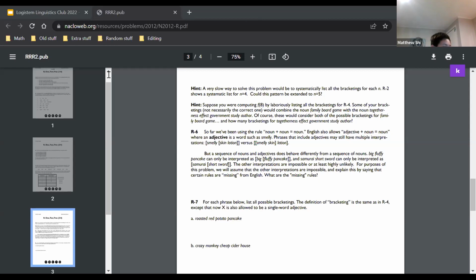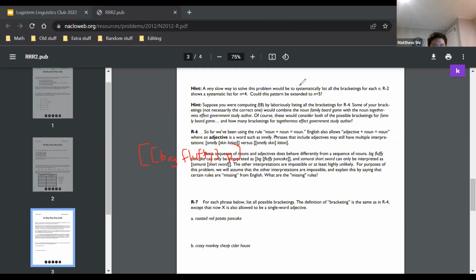Okay, so for R6, to get big fluffy pancake in this configuration, I'm just going to put P as pancake to save time. To get that configuration, we need adjective plus adjective equals adjective.